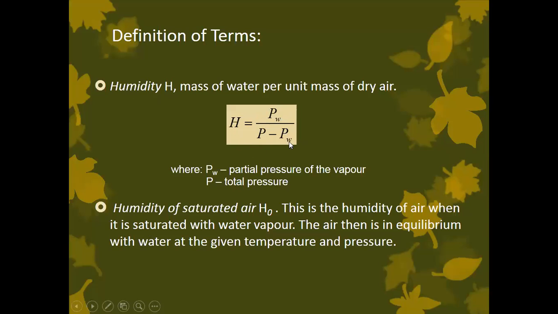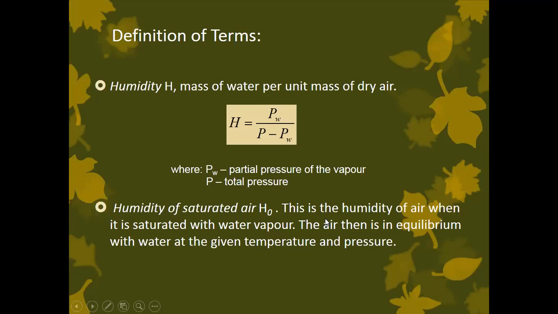So you have the total pressure, and from that we subtract the partial pressure of water vapor, meaning our denominator refers to the partial pressure of dry air, and as such that is our humidity. The humidity of saturated air in most references is represented by H with the subscript O.